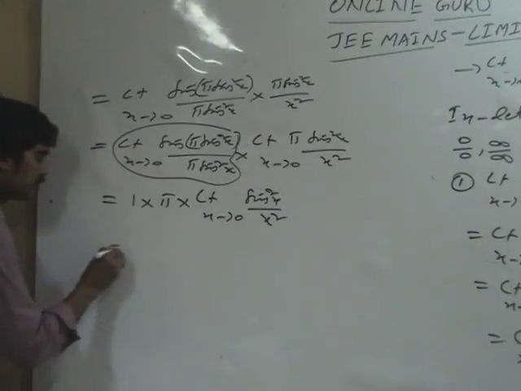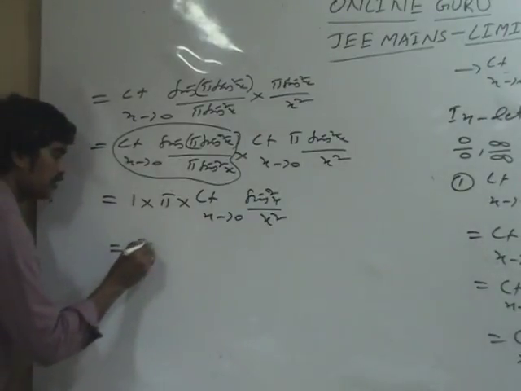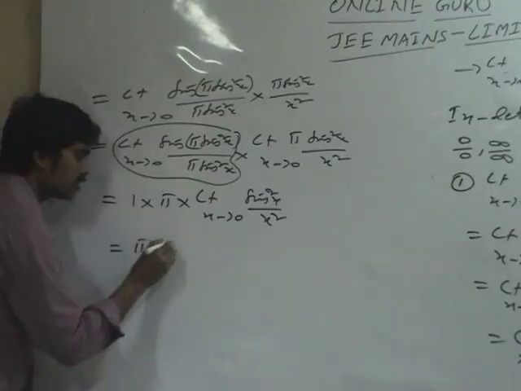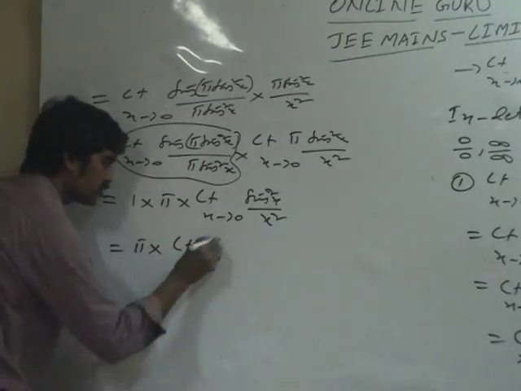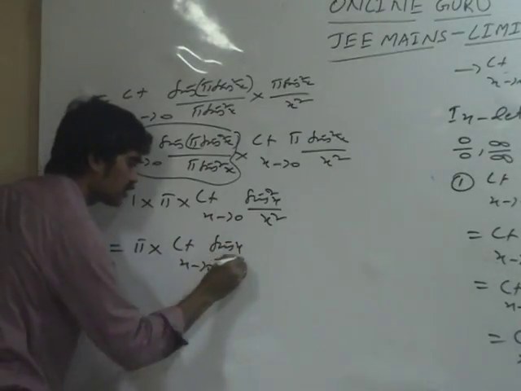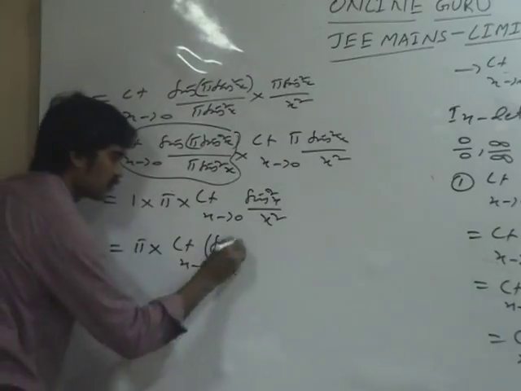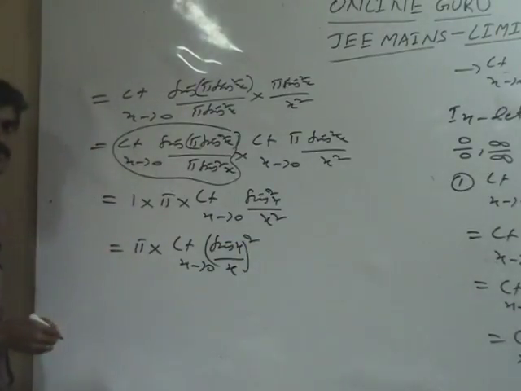This equals 1 into pi is pi into, you can write this as limit x tends to 0 sin x by x whole square.